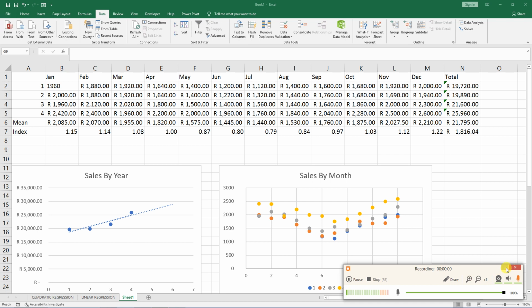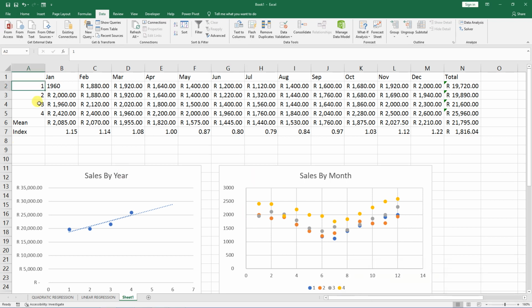Got some sales data for 4 consecutive years, separated by month, and our goal, or we've been asked, is to forecast the sales for July in year number 5.